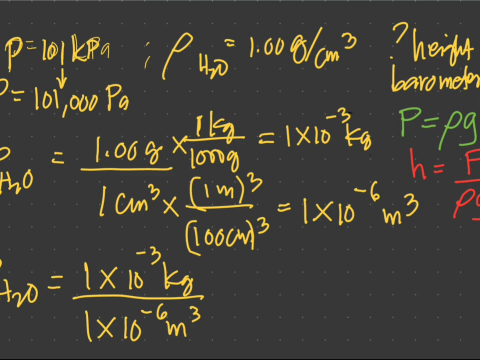The acceleration due to gravity is already given, 9.81 meters per second squared. The unit of the acceleration due to gravity that we're going to use is meter per second squared. That's why we're converting the cubic centimeters here to cubic meters.